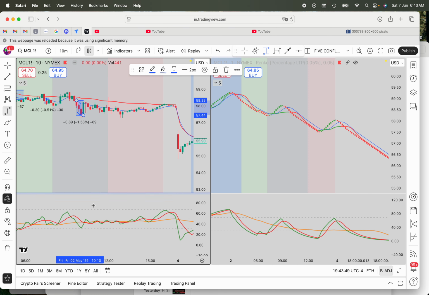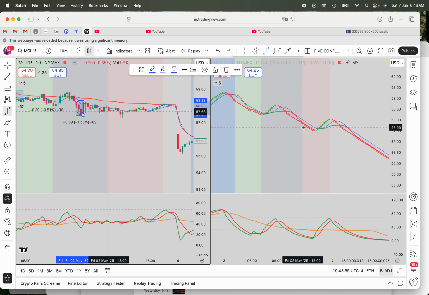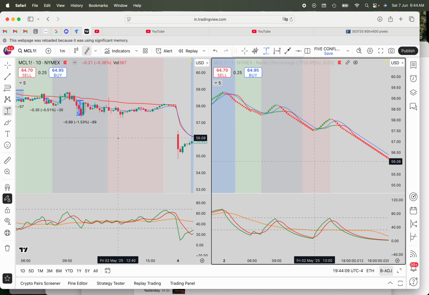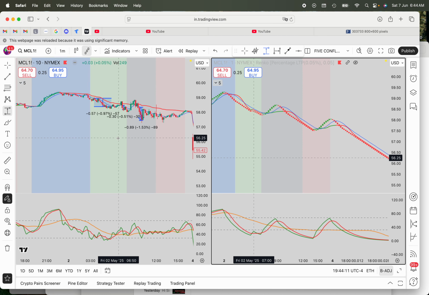Then we just got stuck into all this consolidation all the way right to the end. However, with the LingReg, look at that, you still made money just by staying in. If you had got in here, you would have made about the same on that dump.